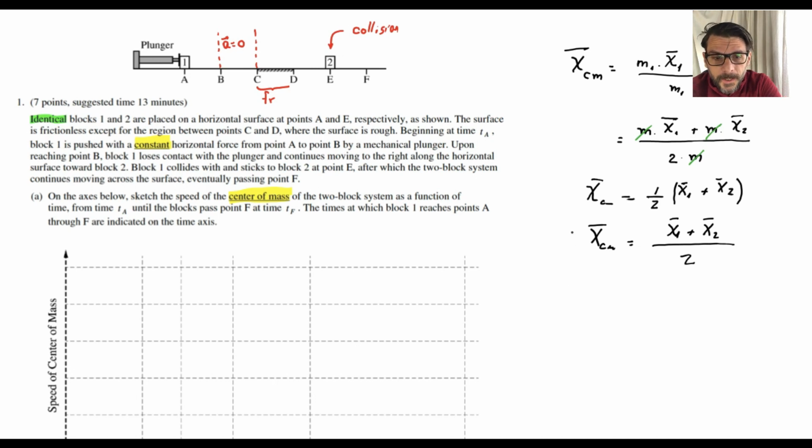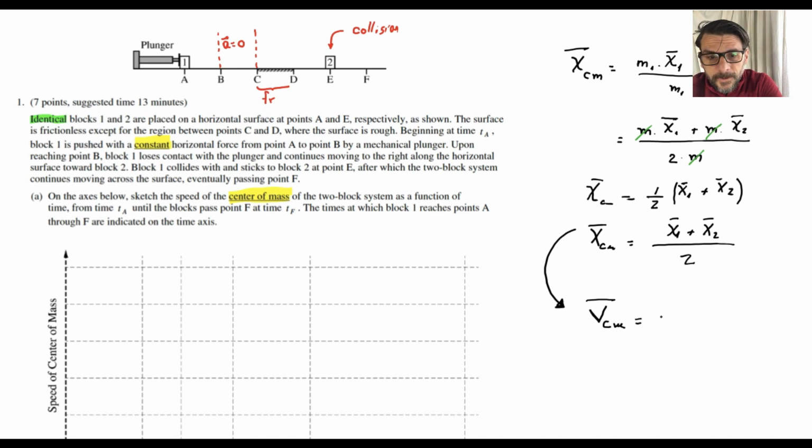Now, if we take the derivative of this expression, considering time to be the variable, we will be able to derive an expression for the velocity of the center of mass.